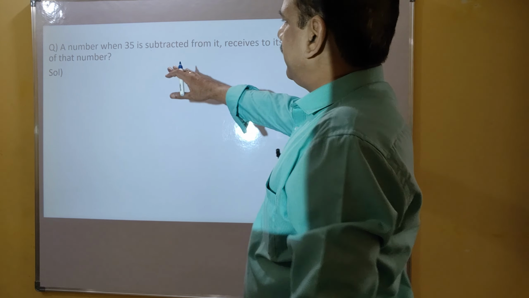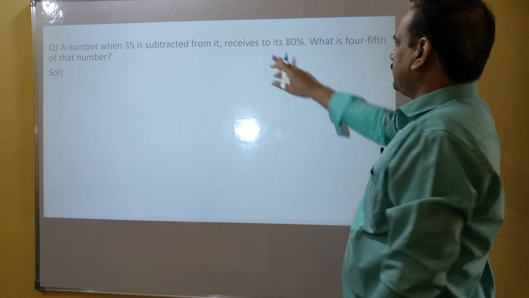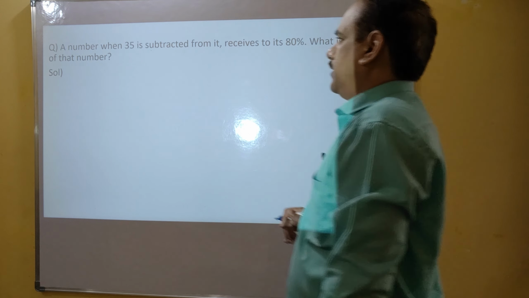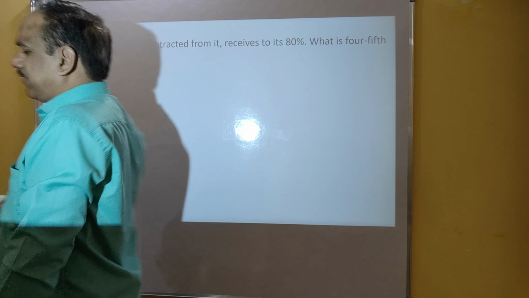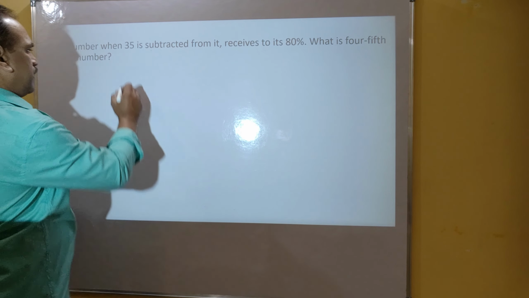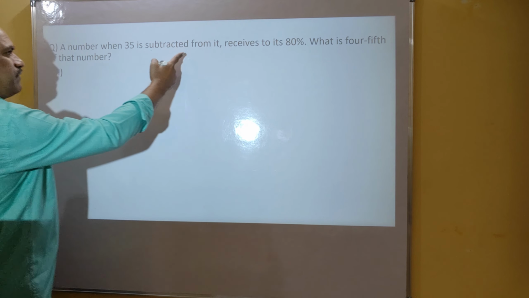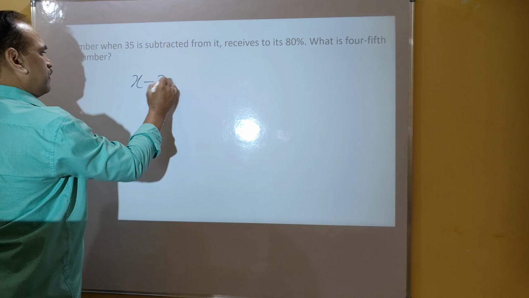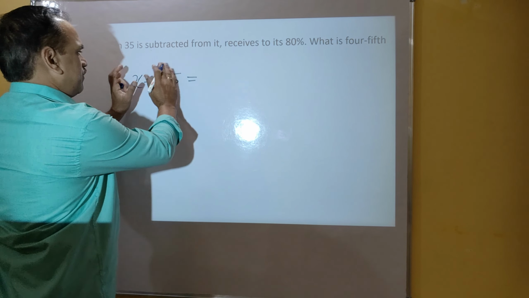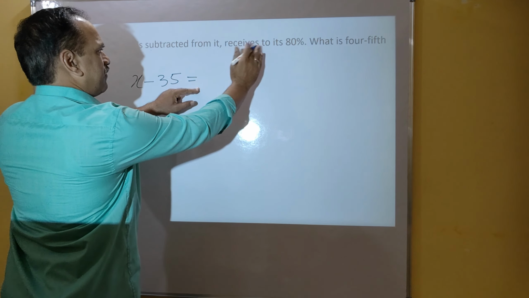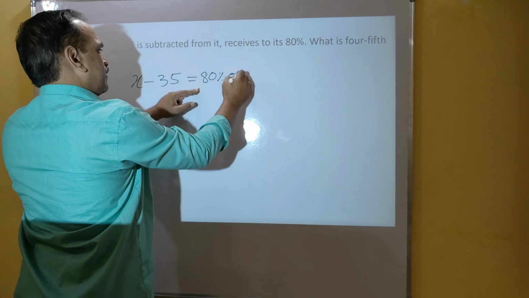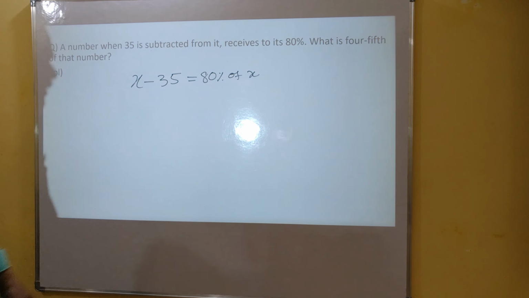Now a number when 35 is subtracted from it becomes equal to its 80%. What is 4/5 of the number? A number when 35 is subtracted from the number, it becomes 80% of the number. 80% of the number x, right?